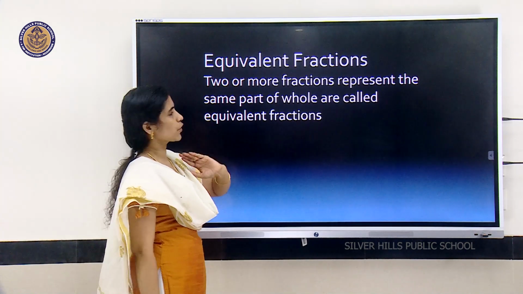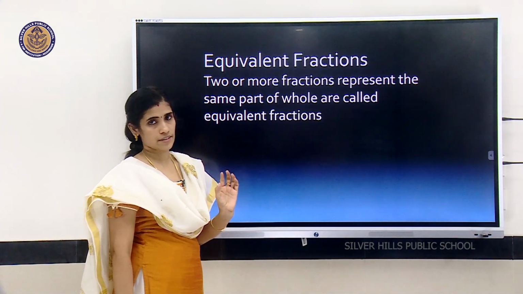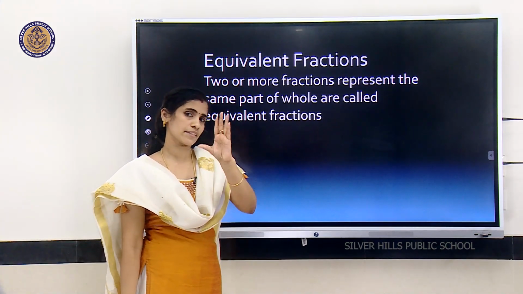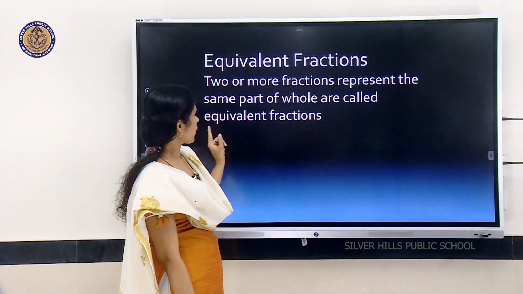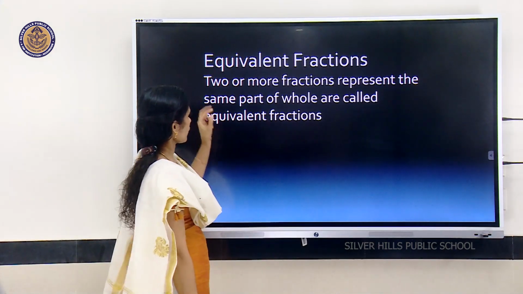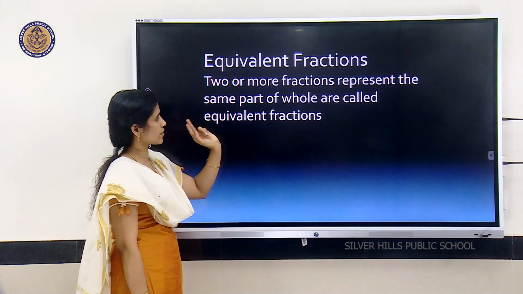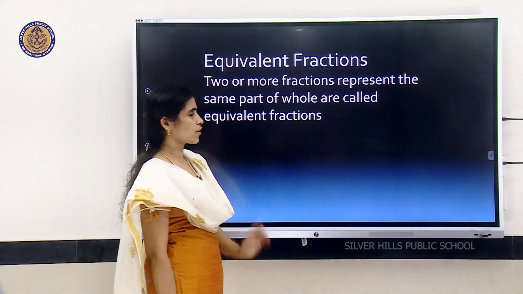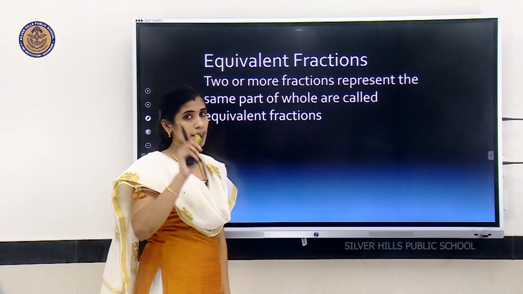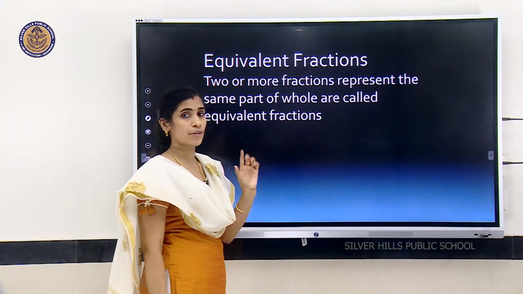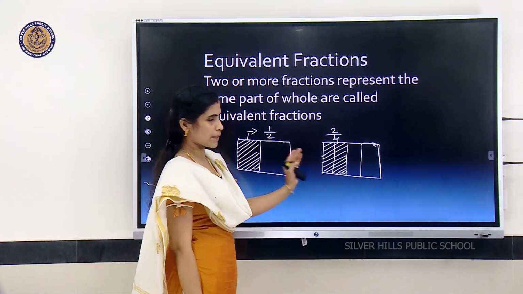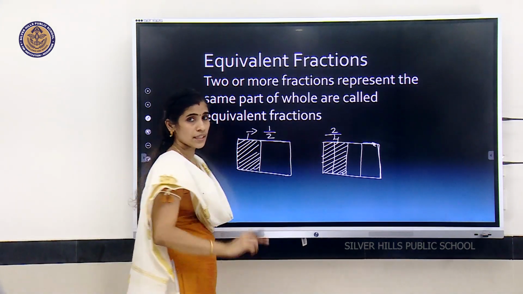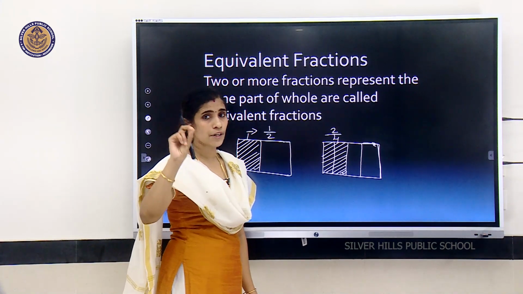Next we are going to discuss equivalent fractions. From the name itself we can identify that they are fractions that are equal. Equivalent fractions means two or more fractions that represent the same part of a whole. To make it clear, I will explain the concept with an example. From this picture, we can identify that these two parts represent the same part of a whole.